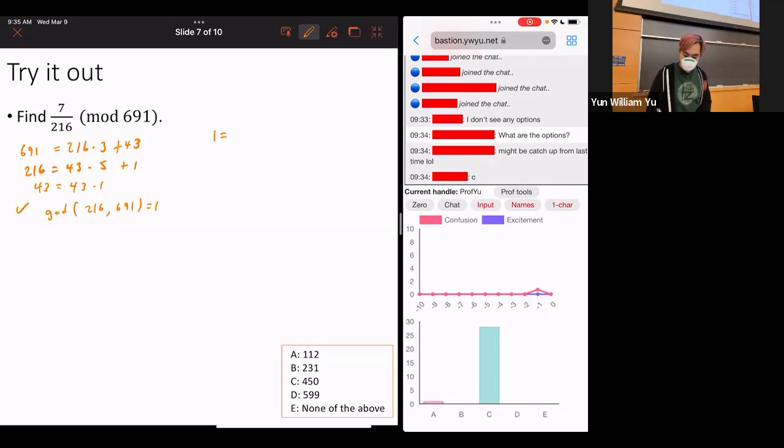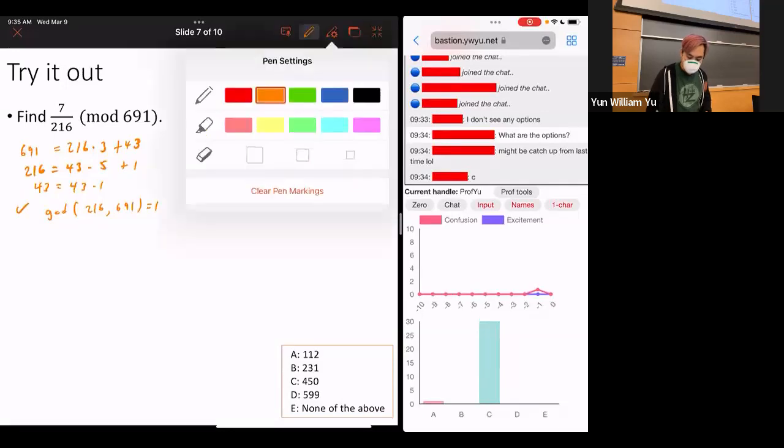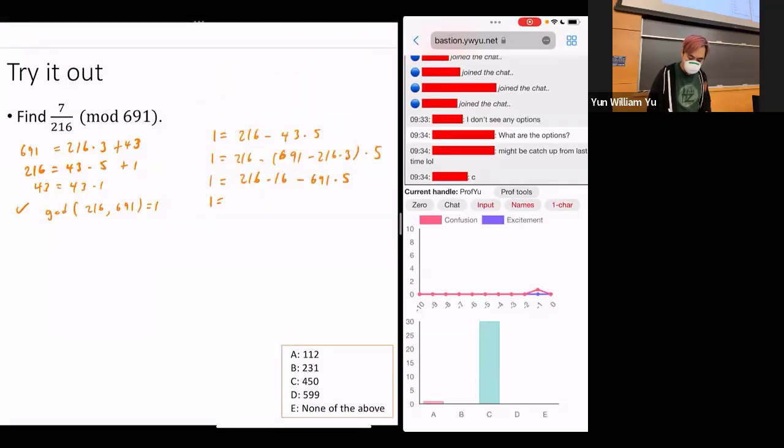So 1 is equal to 216 minus 43 times 5. 1 is equal to 216 minus (691 minus 216 times 3) times 5. So then 1 is equal to 216 times 16 minus 691 times 5. And from there, we just go straight into modular land.